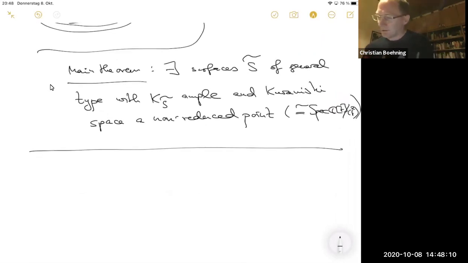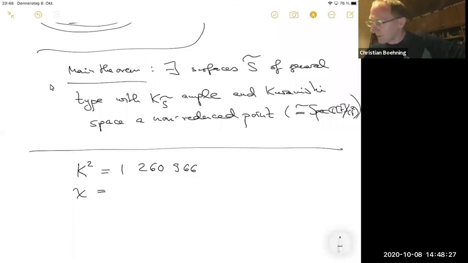But then we computed at least K squared and chi to do some sanity checks. And so for the simplest surface, we found K squared is 1,260,966, and chi is, if I wrote this down correctly, 151,802.